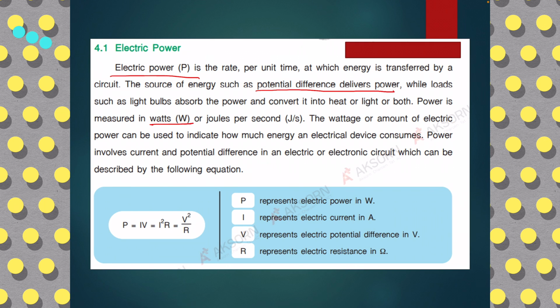So power is always measured in watts, or joules per second. The wattage or amount of electric power can be used to indicate how much energy our electrical device consumes. Power involves current, and the potential difference in an electric or electronic circuit can be described by the following equation. So P is equal to I times V, which is also equivalent to I squared R, or which is also equivalent to V squared over R. So the letters are on this side.